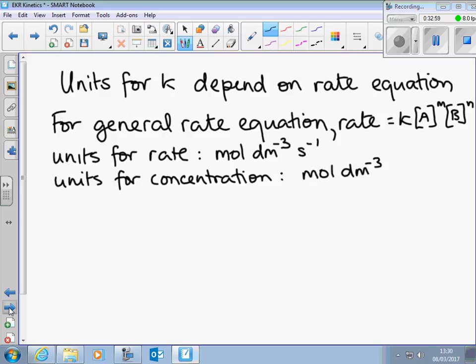Now that tells us some feature that we're going to need in K already. One of the components has got to be seconds to the -1, hasn't it? So all the different units for K will all have seconds to the -1, because you can't get them on the right-hand side any other way. But they're there on the left, so they've got to be on the right. So all the different forms of the units that we're going to get for K are all going to have something times seconds to the -1.